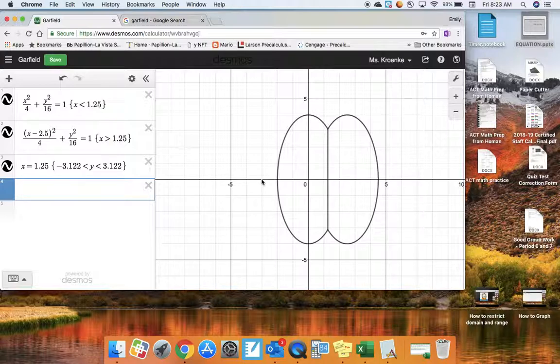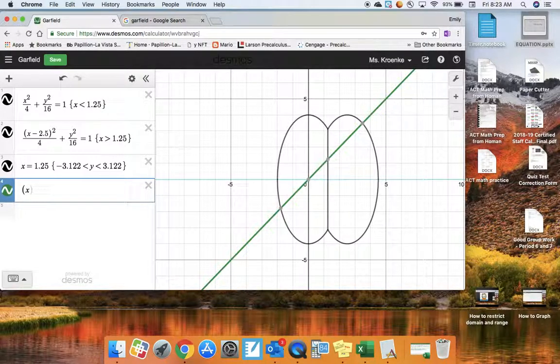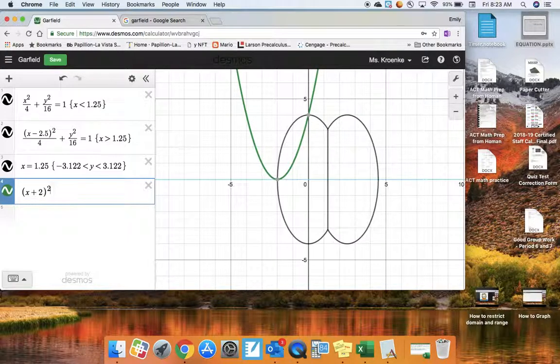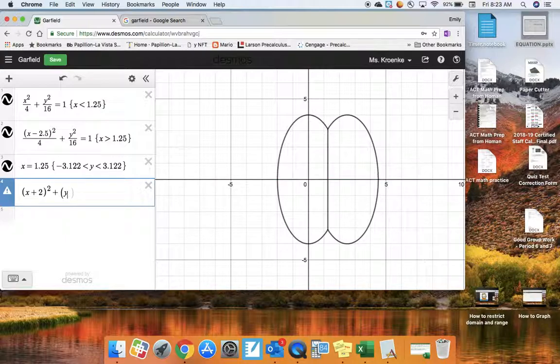Let's see, knowing what I know about the equation of the circle, I'm going to do the one on the left. So I'm going to say (x + 2) squared plus, let's put the center at positive 1. So (y - 1) squared equals 1.